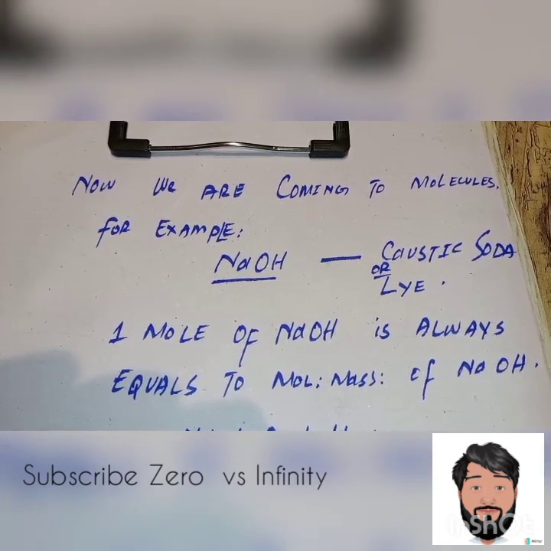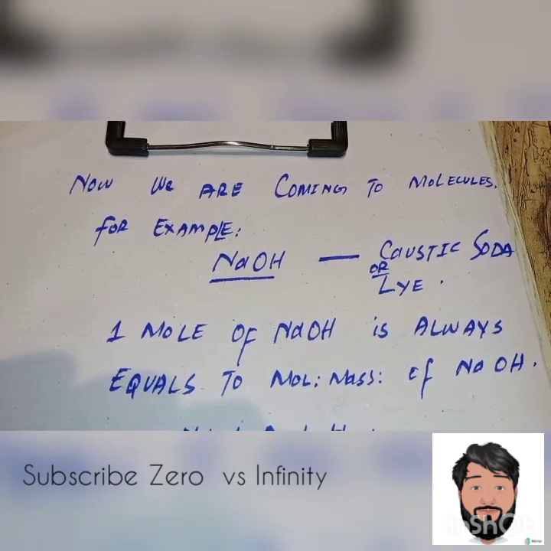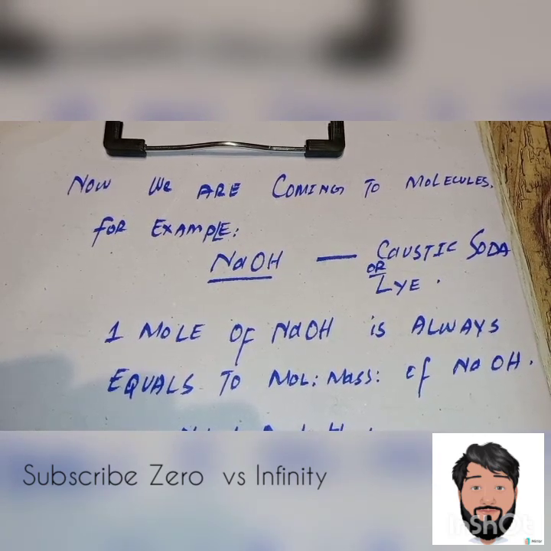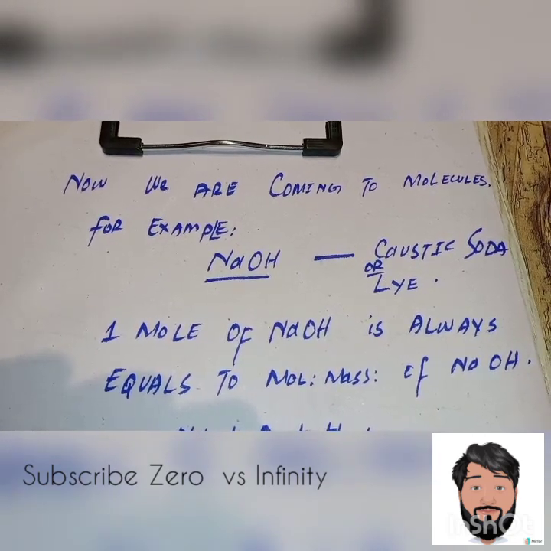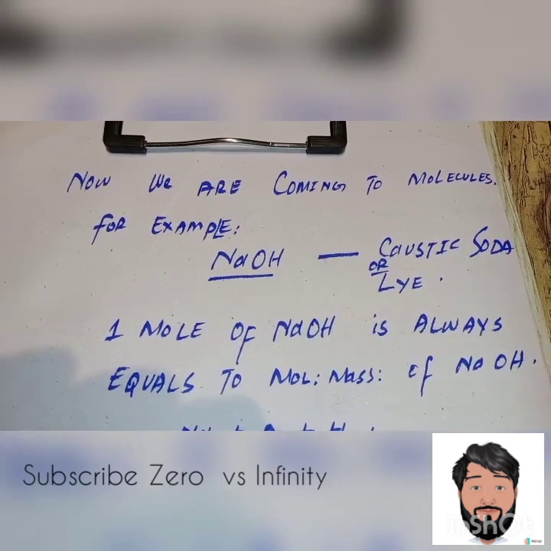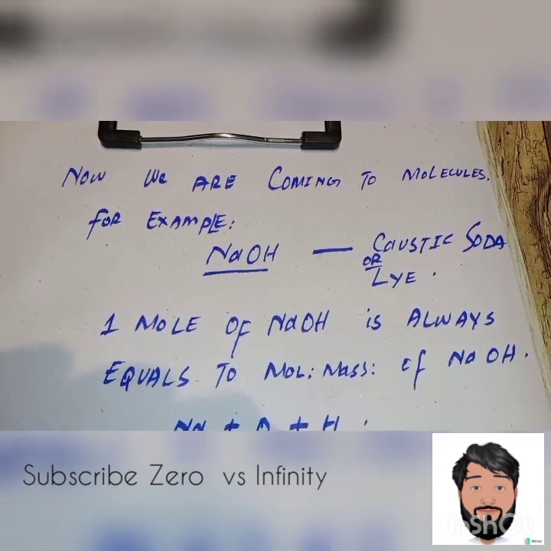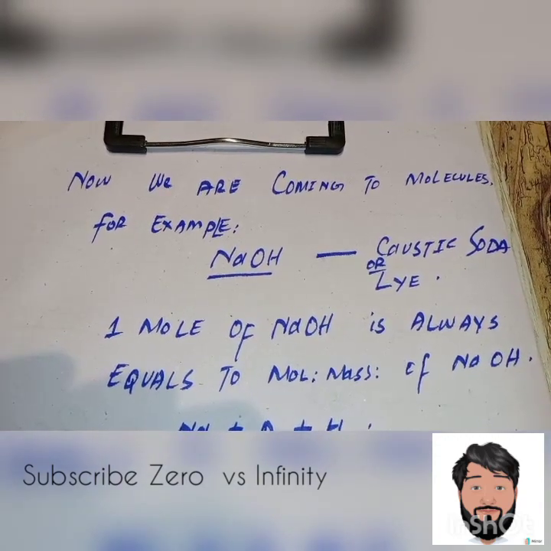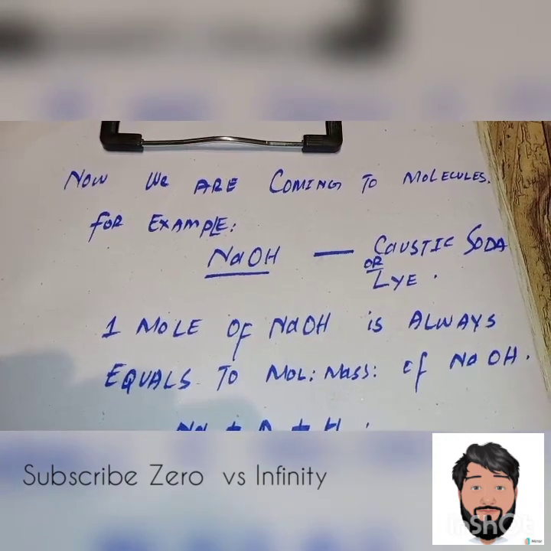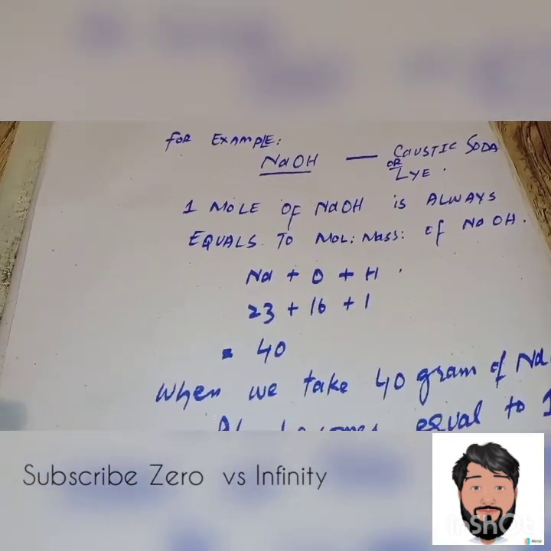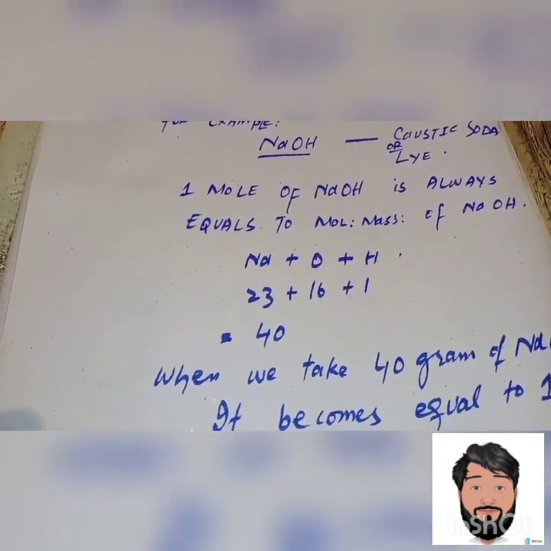If we take 1 mole of sodium hydroxide, how many grams will be in this compound? As we know, 1 mole of sodium hydroxide is always equal to 1 times the molecular mass of sodium hydroxide. So we also have to know the molecular mass of sodium hydroxide.